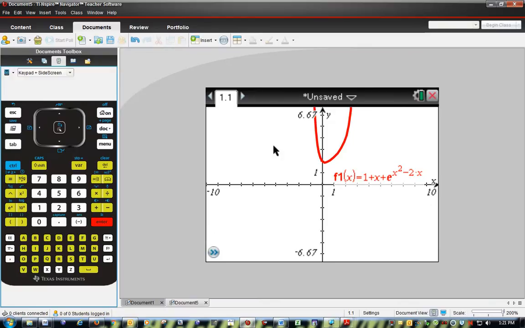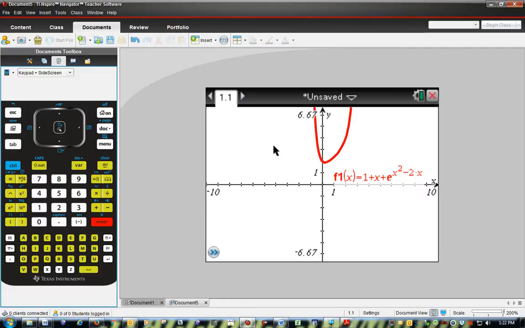Now, another really cool function is that the calculator has the ability to solve. If I hit variable, do you see F1 and F2?